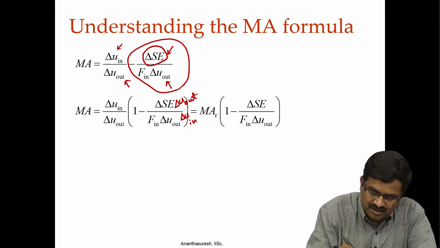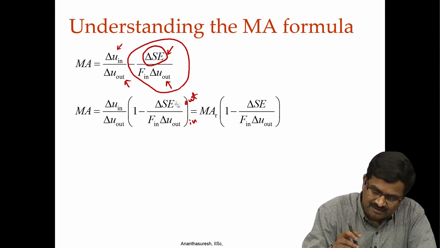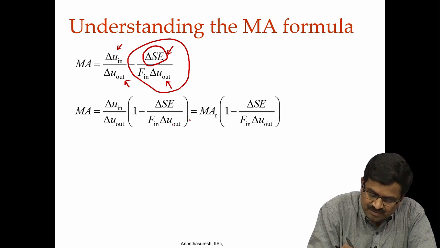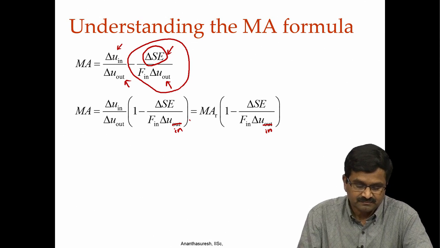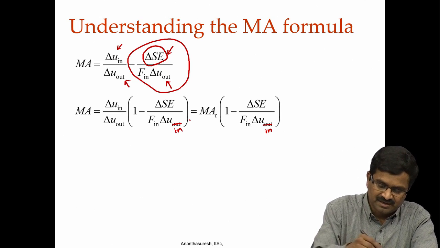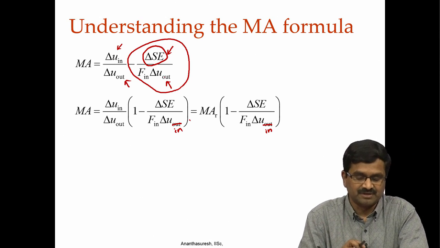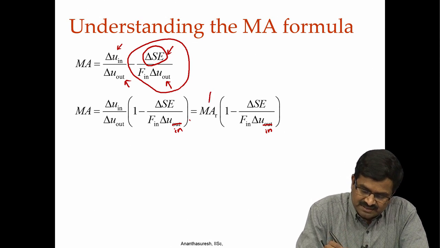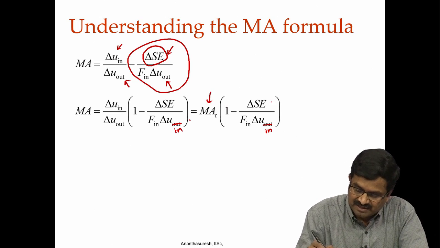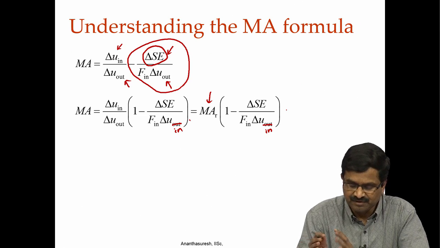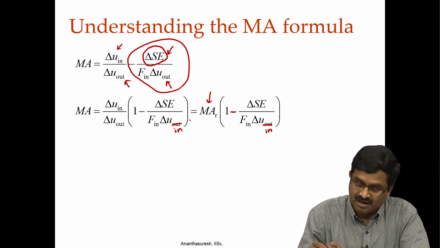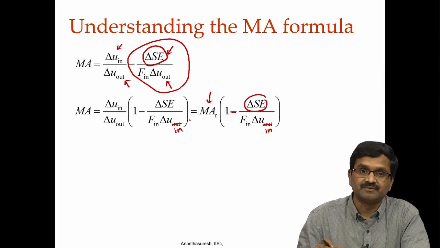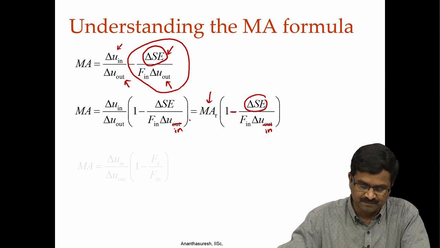Basically this is a typo, this should be in, okay, and this should also be in, then it will be correct. When you multiply, these things go and then you get delta U out there. Okay. So, we can take basically MAR and show that MA equals MAR times 1 minus delta SE by this. Okay. When you do that, again you see this is a negative quantity, it will always reduce unless you make this negative. Okay. That is something to note here.